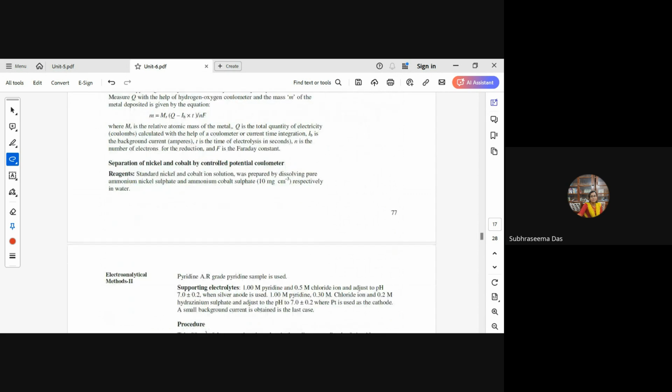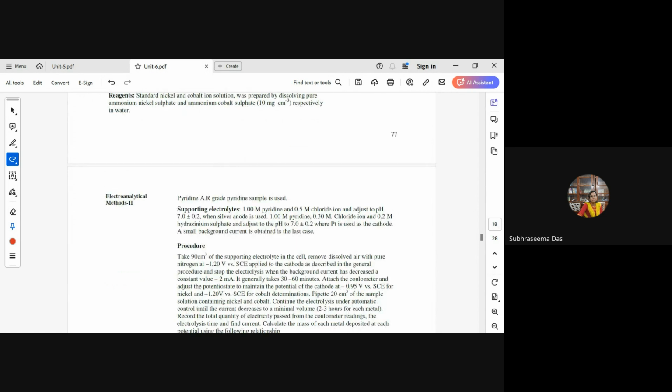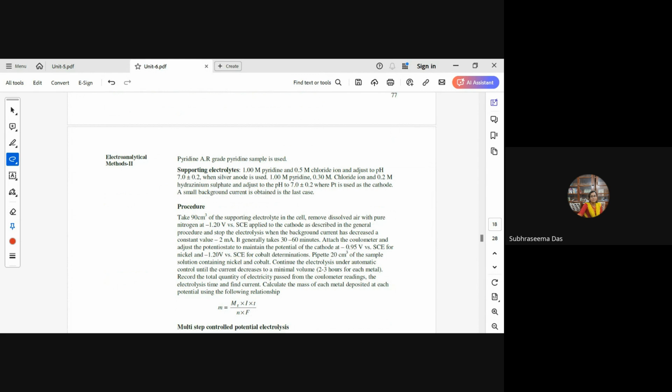Here in the example, it is shown the separation of nickel and cobalt by controlled potential coulometry. The reagents used are standard nickel and cobalt ion solutions, prepared by dissolving the respective ions in water. Pyridine has been used. The electrolytes have been 1 molar pyridine and 0.5 molar chloride ion, and the pH was adjusted.